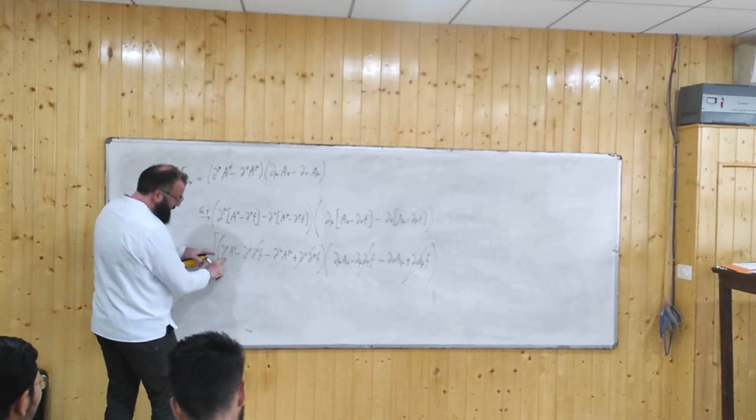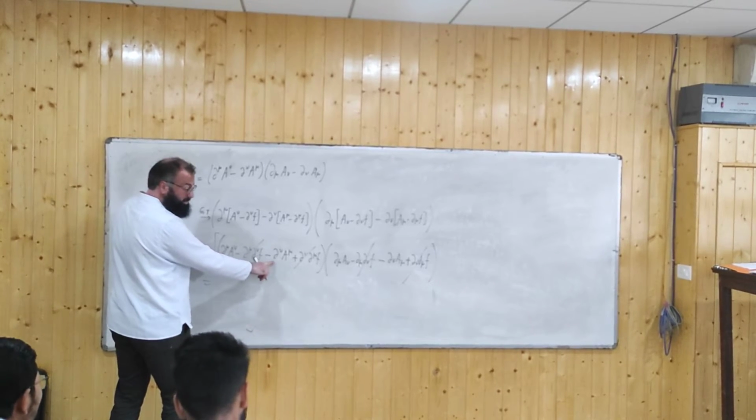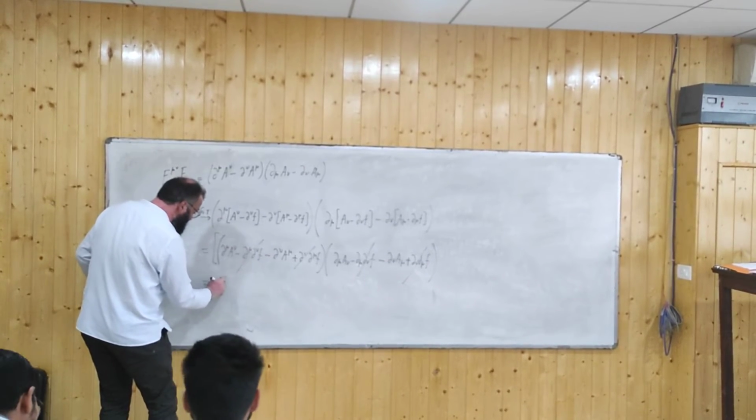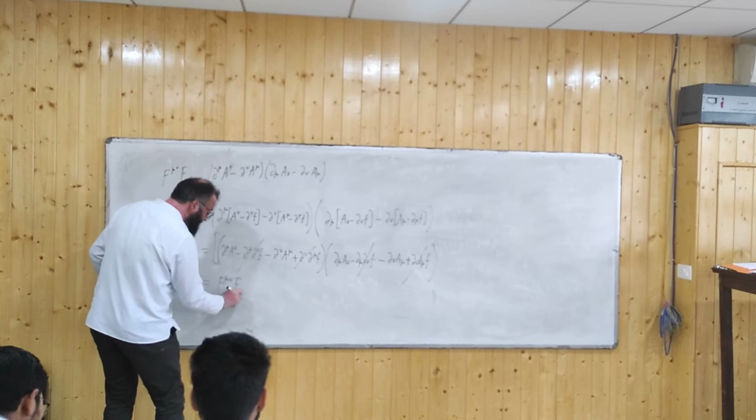What remains here? Partial mu A nu minus partial nu A mu. It is the same as F mu nu.